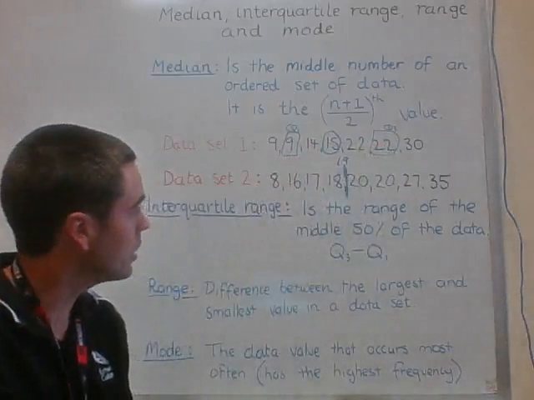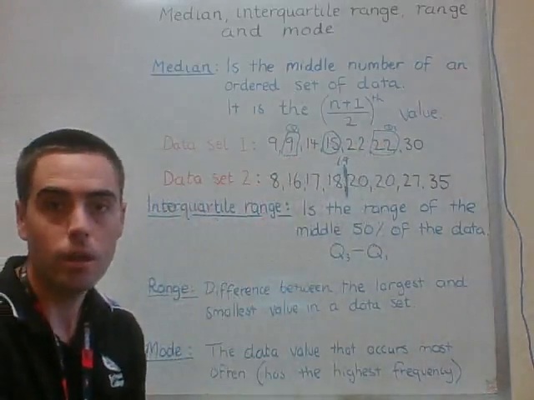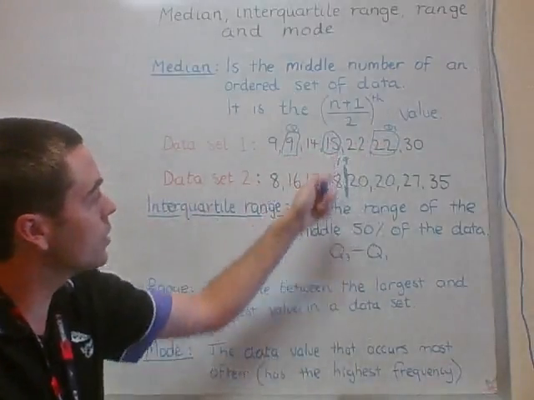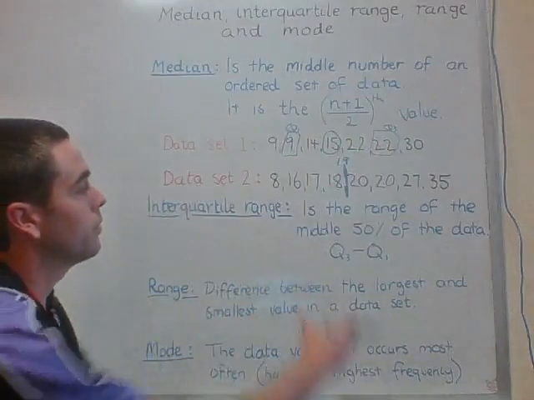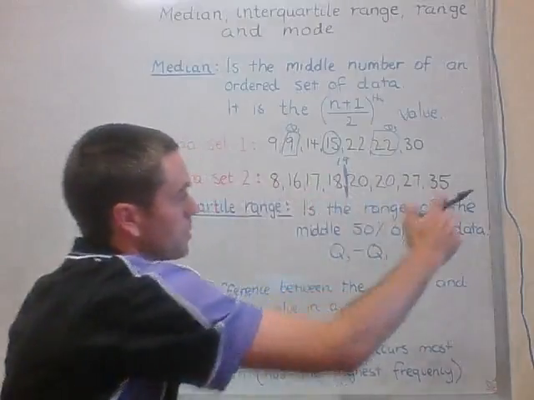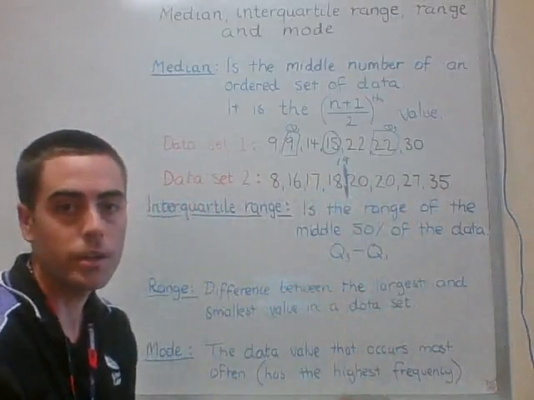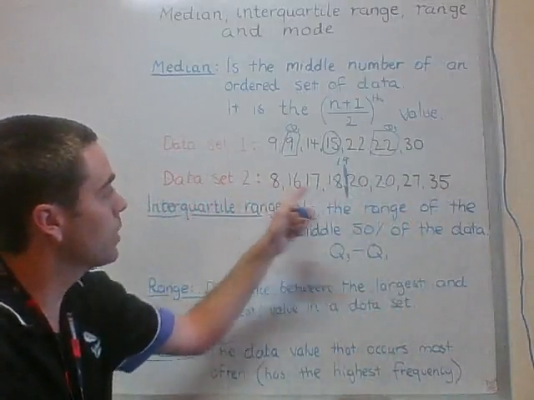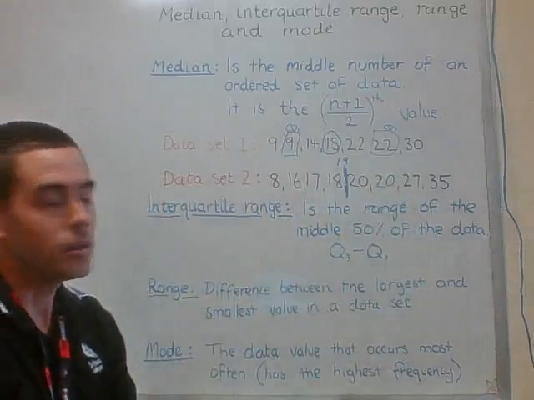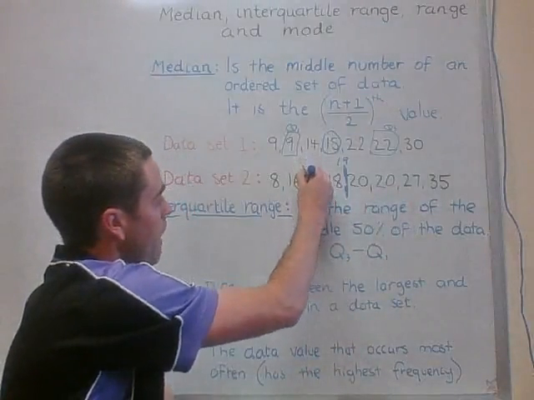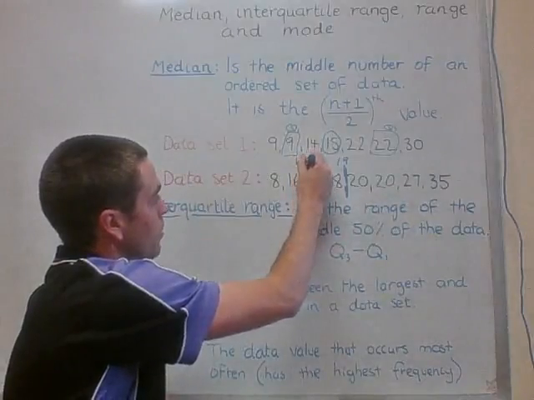For data set 2, because the line is right in the middle here, there's 4 numbers on this side, 4 numbers on this side. So what we've actually got to do here is find the middle of these 4 numbers and the middle of these 4 numbers. So the middle of these 4 numbers will be here, which is 16.5, between 16 and 17.